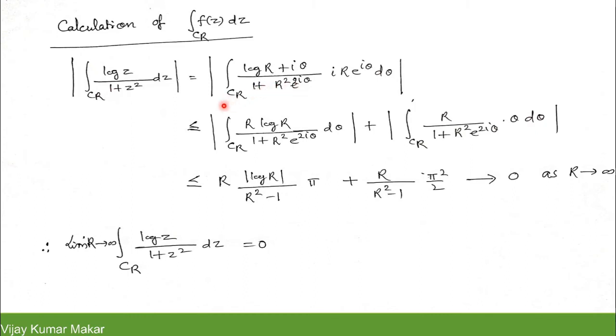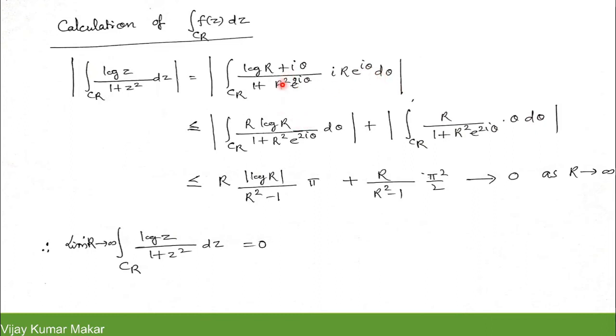We put the value of log z equal to log R plus iota theta, because z equals capital R e raised to power iota theta, and in the denominator we put z equal to R e raised to power iota theta, and dz equal to iota R e raised to power iota theta d theta.